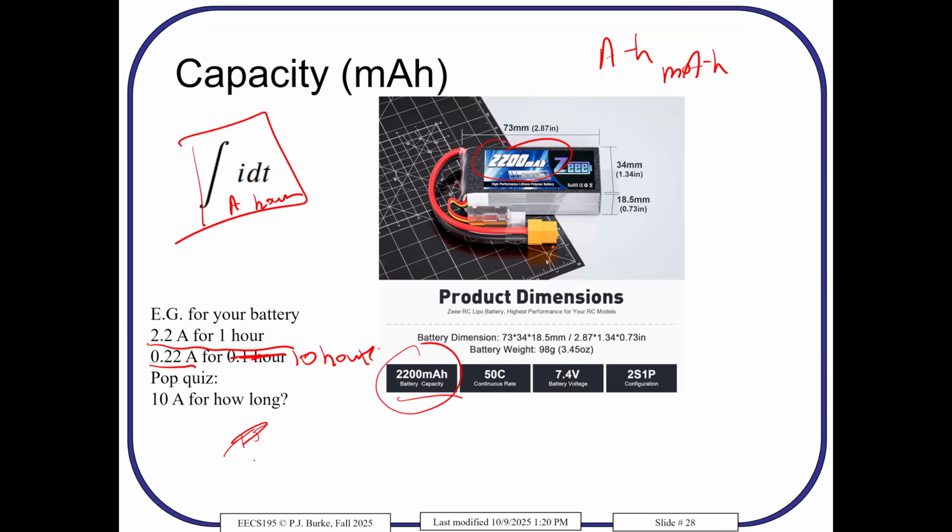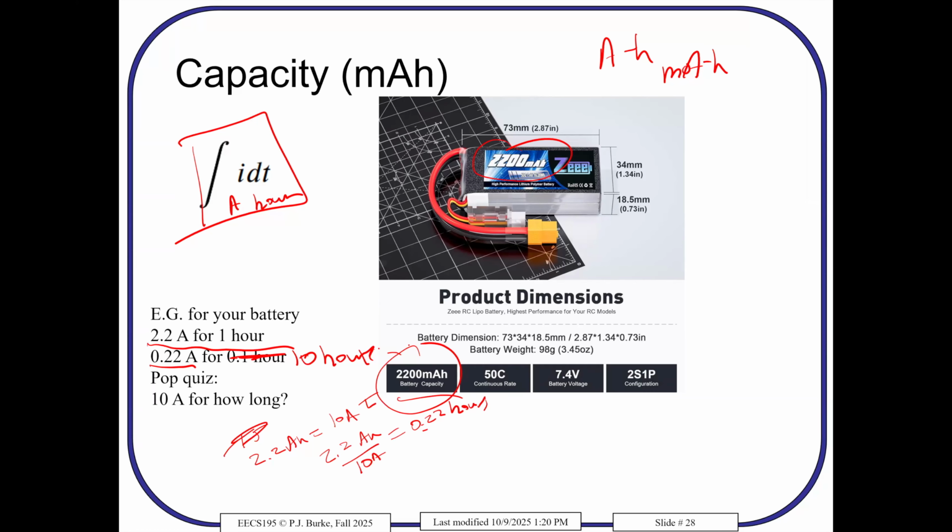So 2.2 amp hours is equal to 10 amps times your time t. So it's 2.2 amp hours divided by 10 amps, which is 0.22 hours. Okay, so about 15-20 minutes. So your drones cruise at 8 amps. So that's about what your flight time is going to be.